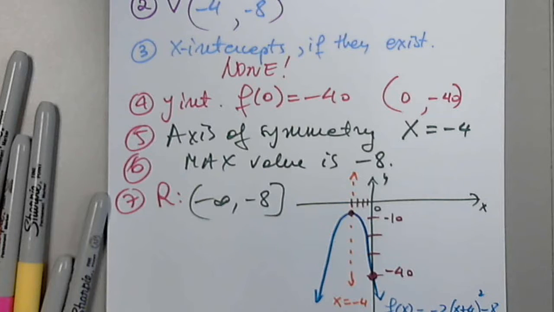Since I already have the graph, I know that the maximum is at negative 8, so I will have to adjust the viewing window. I don't care for the positive side of the y-axis, and I don't care too much about the positive side of the x-axis either. So x minimum, I'm going to say negative 8. X maximum, I'm not going to go beyond 4. That's good enough.